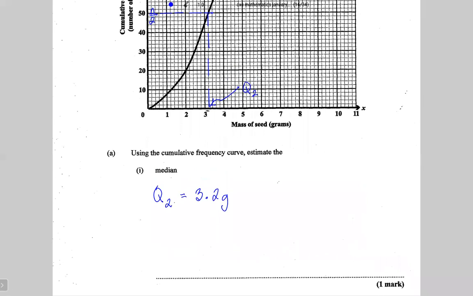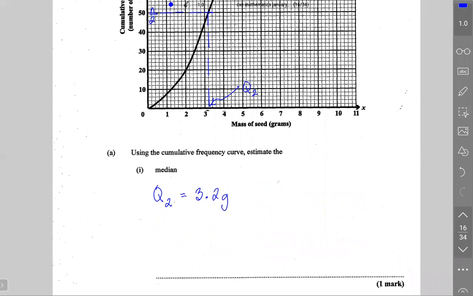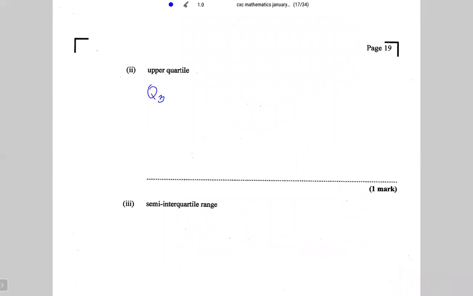The second thing we're asked is what is the upper quartile range. The symbol for that is Q3, and this is the value below which 3/4 of the data lies.